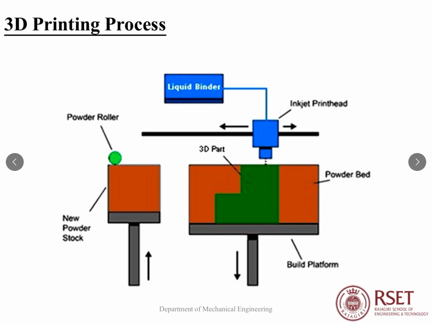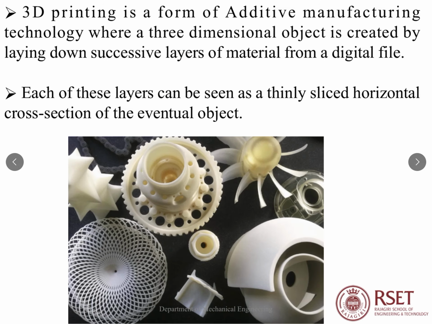Next is 3D printing. 3D printing is a form of additive manufacturing technology where a three-dimensional object is created by laying down successive layers of material based on a digital file.